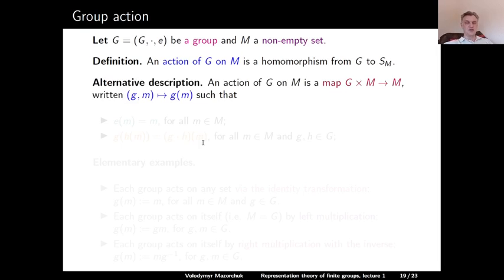An alternative description is as follows. An action of G on M is a map from G cross M to M, written in the following way.